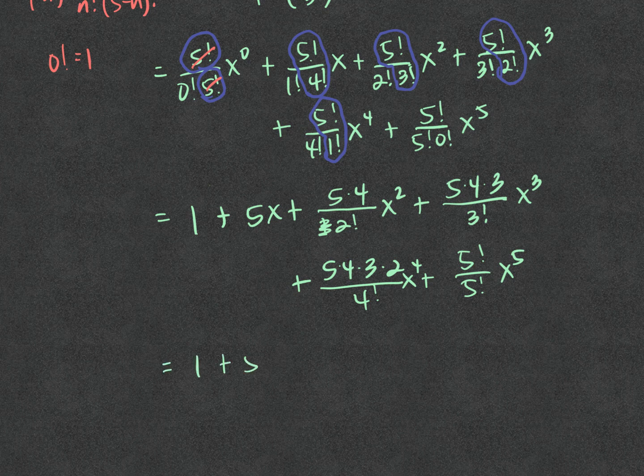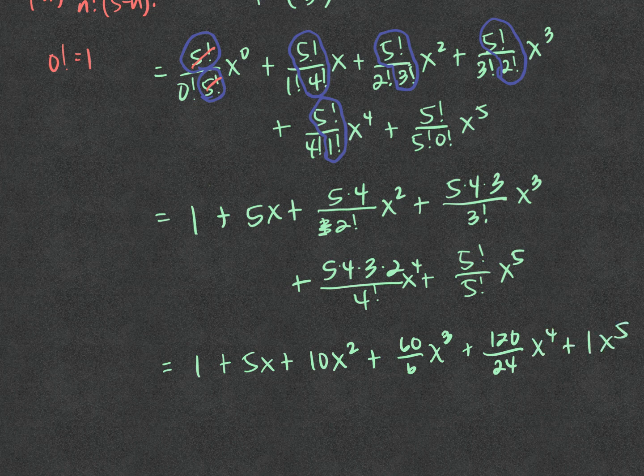So then you have 1 plus 5x plus, now that's 20 over 2, which is 10x squared. And 5 times 4 times 3 is 60 over 6, x to the 3rd, plus 5 times 4 times 3 times 2 is 120 over 24, x to the 4th, plus 1, x to the 5th.